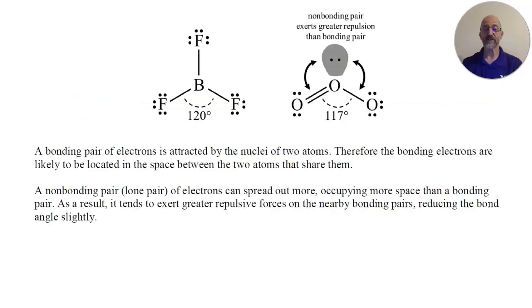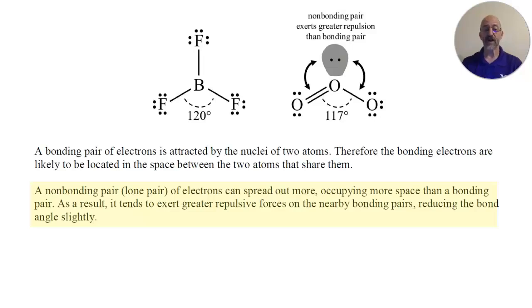So in my video for topic 2.7, I had presented this information. We're looking at boron trifluoride, or BF3, and ozone, or O3. A bonding pair of electrons is attracted by the nuclei of 2 atoms, and therefore the bonding electrons are likely to be located in the space between the 2 atoms that share them. On the other hand, a non-bonding pair, or a lone pair of electrons, can spread out more, occupying more space than a bonding pair.